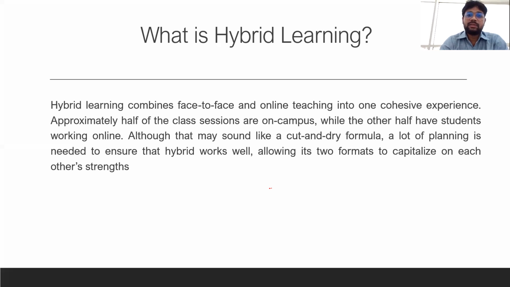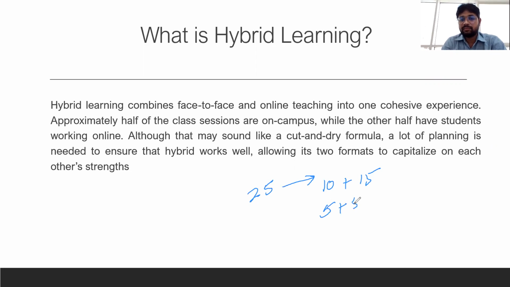So let us suppose, let me show you, if I'm saying in a classroom there are 25 students, we can make a batch of 10 plus 15, or we can make 5 small groups.